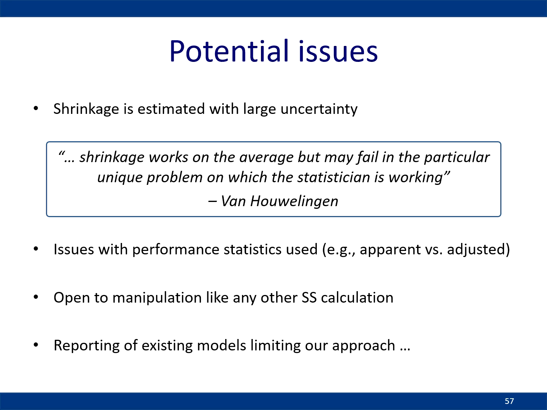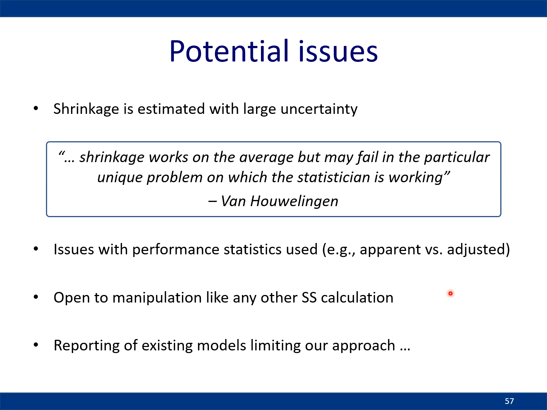The next two things on this list are issues that we've identified through people using the software in practice. Whether people are aware of it or not, they might inadvertently be inputting apparent performance statistics as the baseline for their new model performance, when in fact what we would rather have is the adjusted performance statistics from the previous literature.